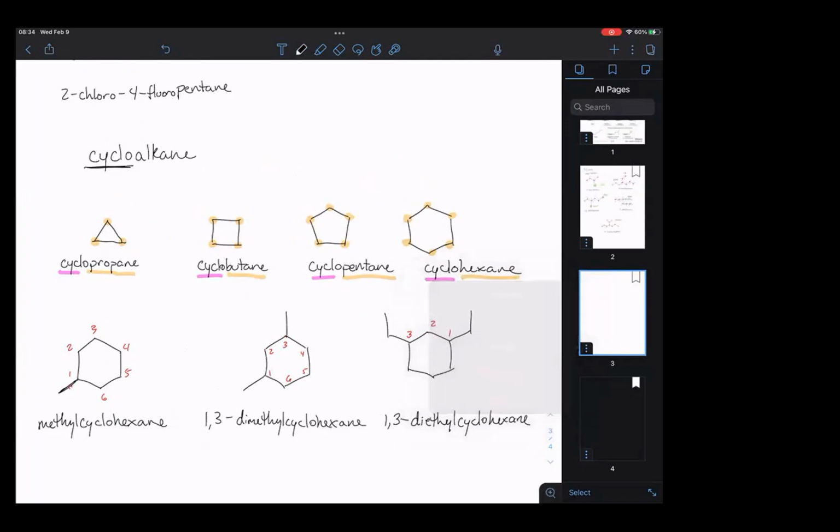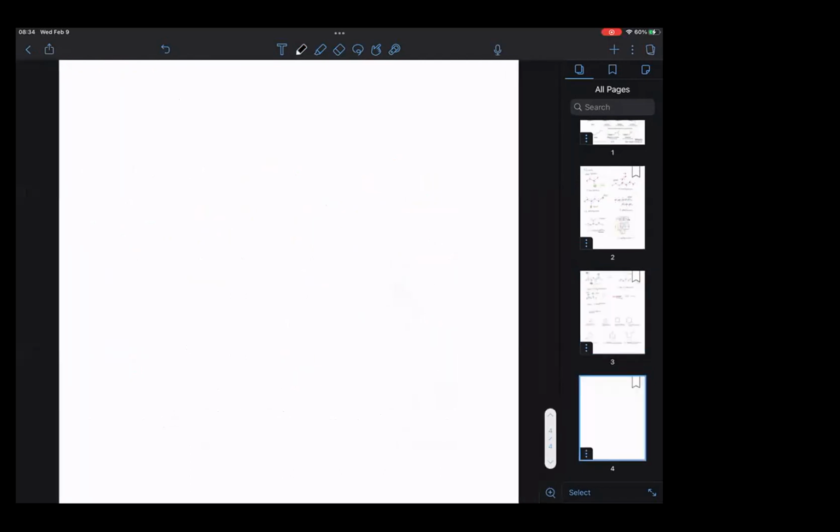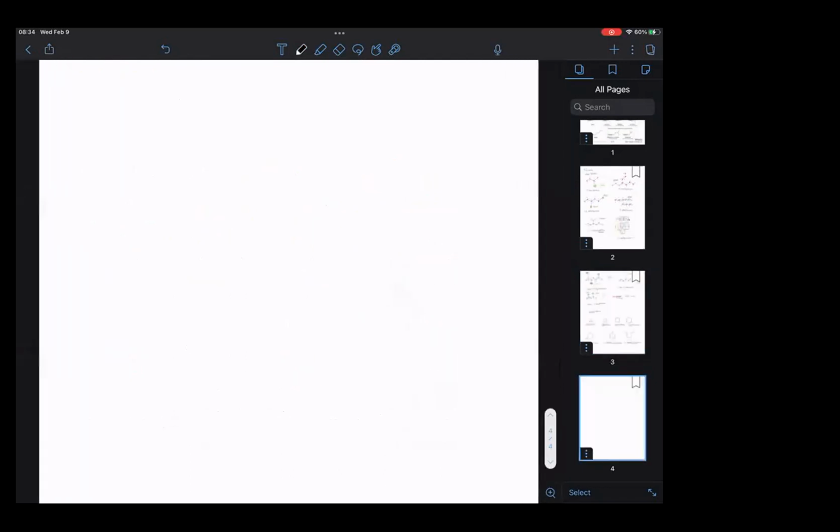Okay, so now we get to new stuff. So this is what we call cis-trans isomerism. Okay, and so basically what this is, let's say that I have a molecule like this.